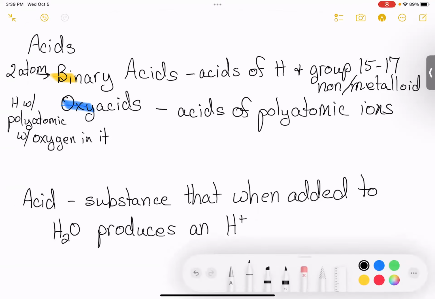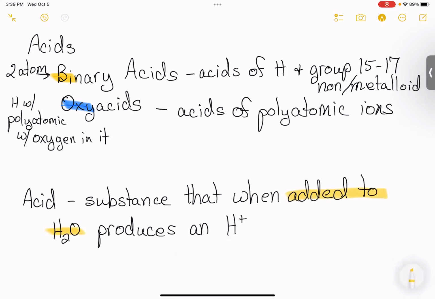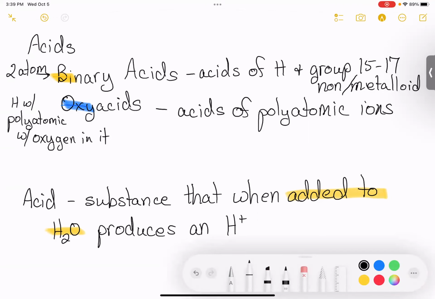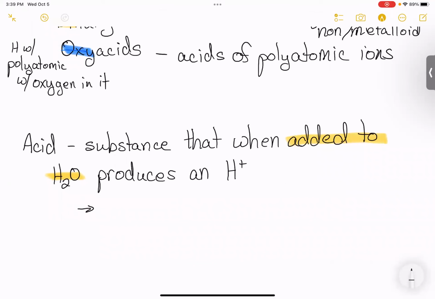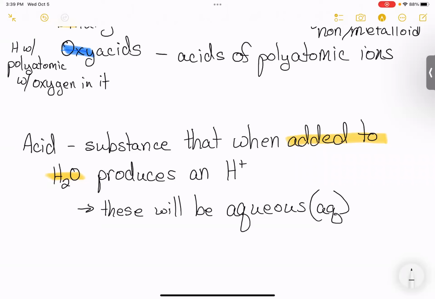Now, breaking this down a little further: added to water. What that means is that these will be aqueous compounds, which we will represent as an AQ.